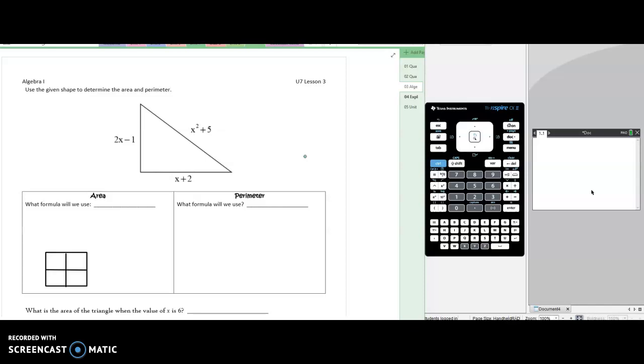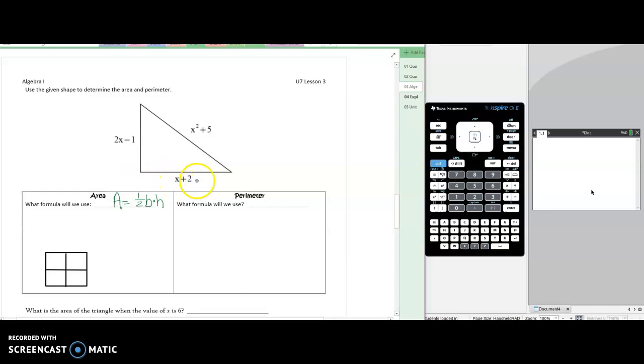Okay, so we have a triangle here, and in order to find the area of a triangle, if you remember back from some geometry that you've had, the area of a triangle is 1/2 the base times the height. Now in this triangle, one of these is your base, one of these is your height. This is not even counted in that.